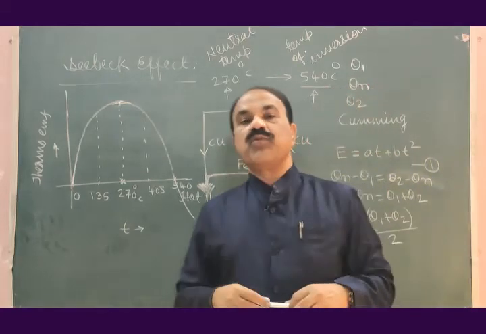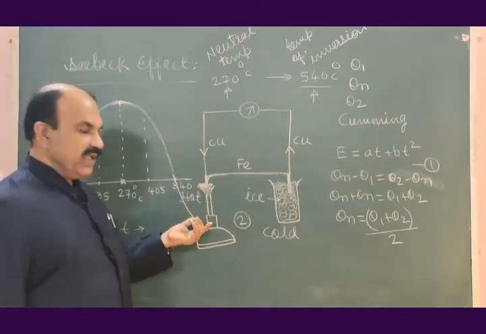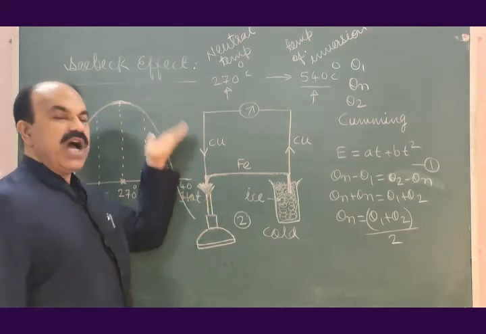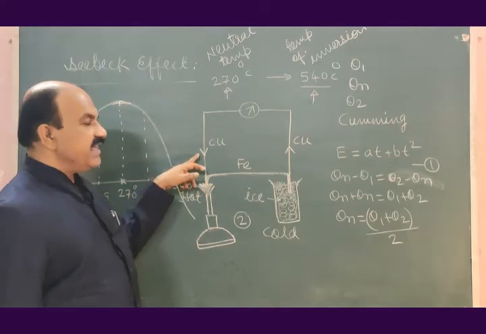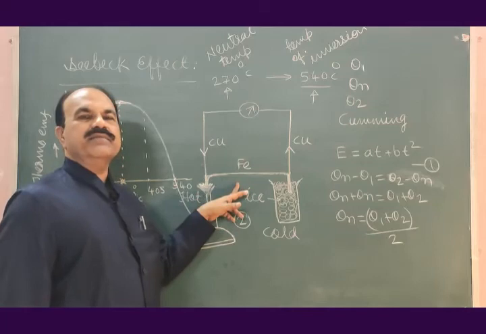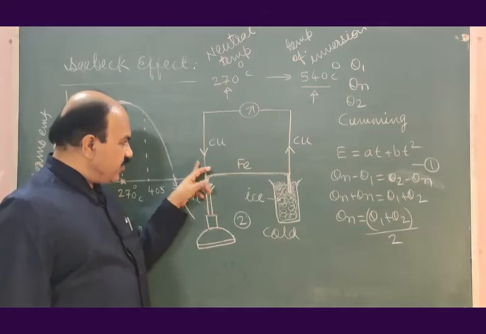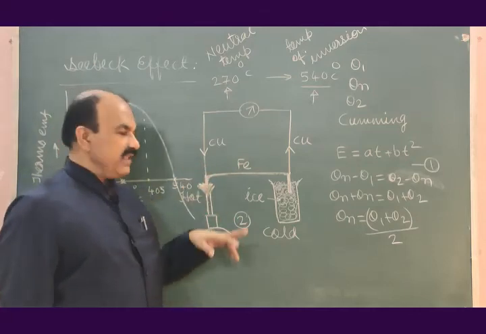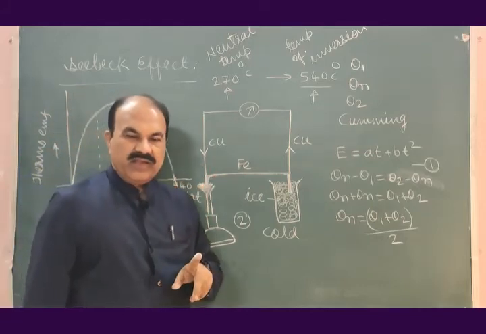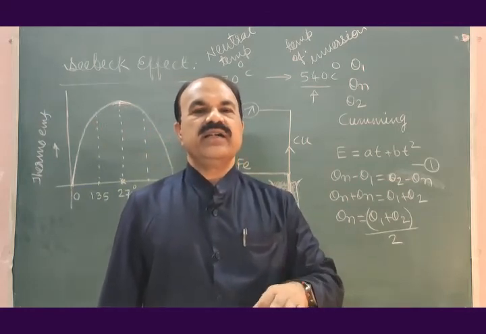Let us consider this thermocouple and see what is happening here. As we heat this junction from 0 degrees Celsius onwards, the current is flowing from copper to iron. As current is flowing from copper to iron, there must be a certain potential difference between these two. Whenever there is a potential difference, current can flow.